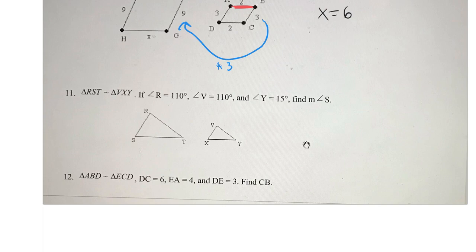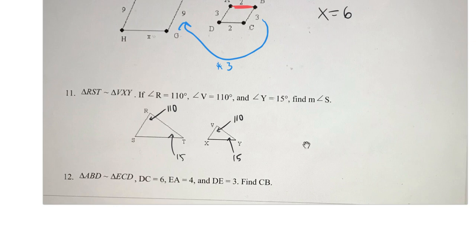Number 11, RST is similar to VXY. If angle R is 110, okay, label. If angle V is equal to 110, okay, cool, label. And angle Y is equal to 15. Make that look nicer. Find angle S. Okay, so they are similar, and if that's 15, then this is 15.